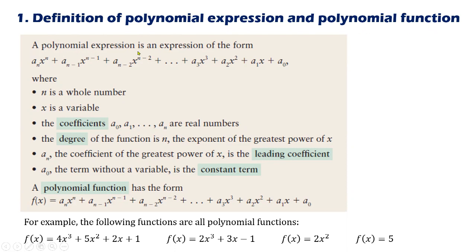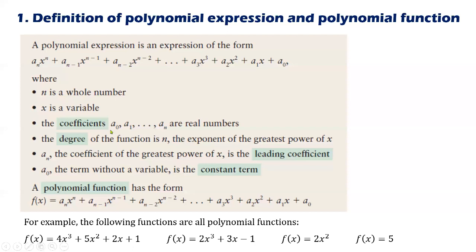So a polynomial expression is an expression of the form a_n times x to the power of n all the way down to a_1 times x plus a_0, where n is a whole number. Okay, whole number means 0, 1, 2, 3, 4, etc. And x is a variable.